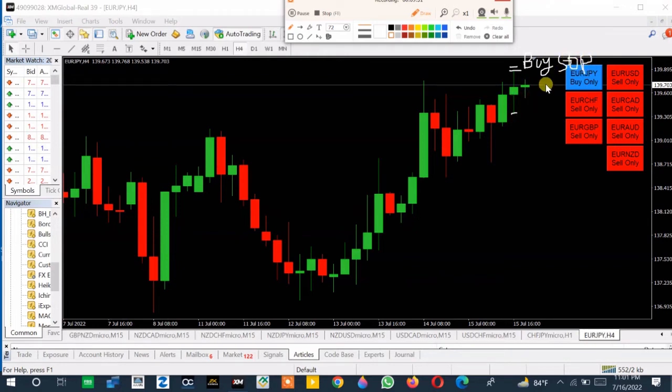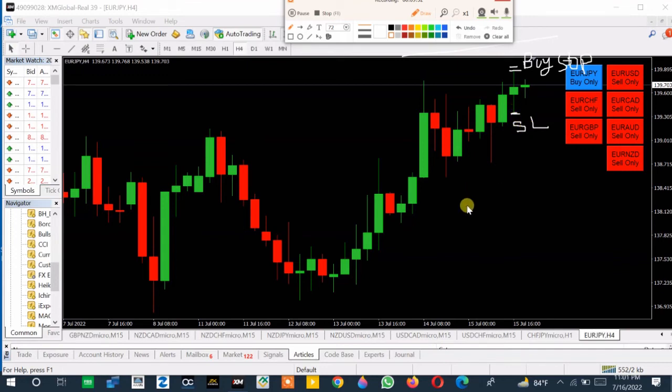We make the target at the next resistance area and place the stop loss here. Define the stop loss 5 pips from the lowest price of this candle.